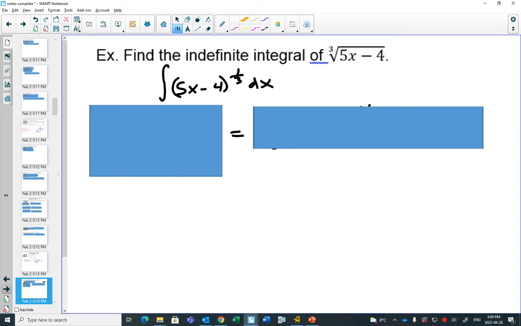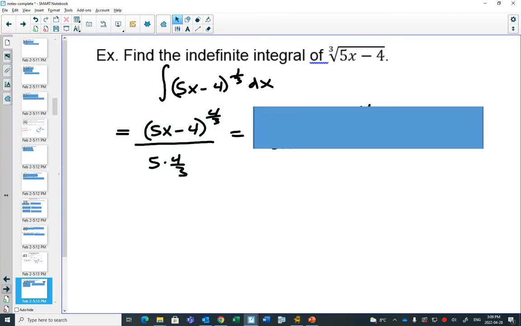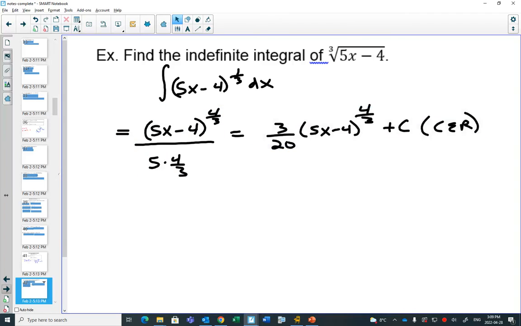So when we're integrating, we can add 1 to the exponent and divide. But because the chain rule would also have a multiply by 5, we also have to divide by 5. Simplifying this, I'm not going to take off marks if you don't put the plus c until the very end. Technically, you should have the plus c there and the plus c in the end as well.